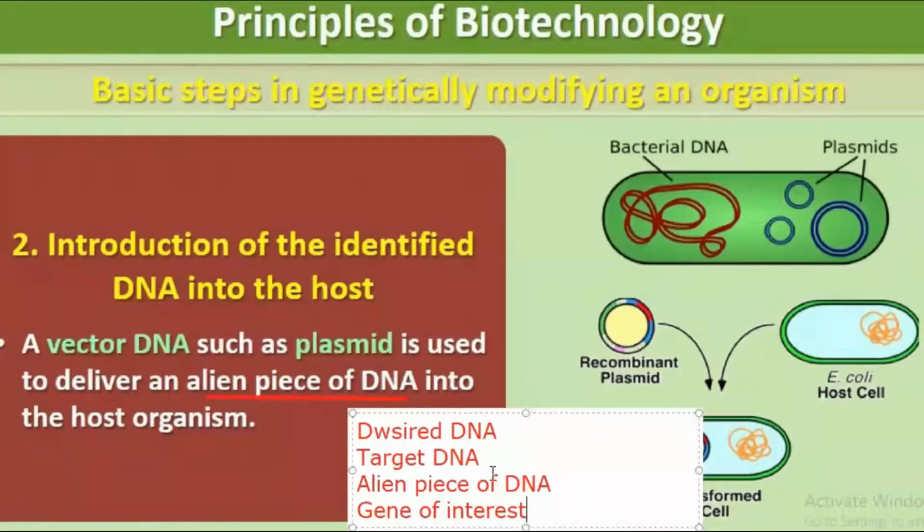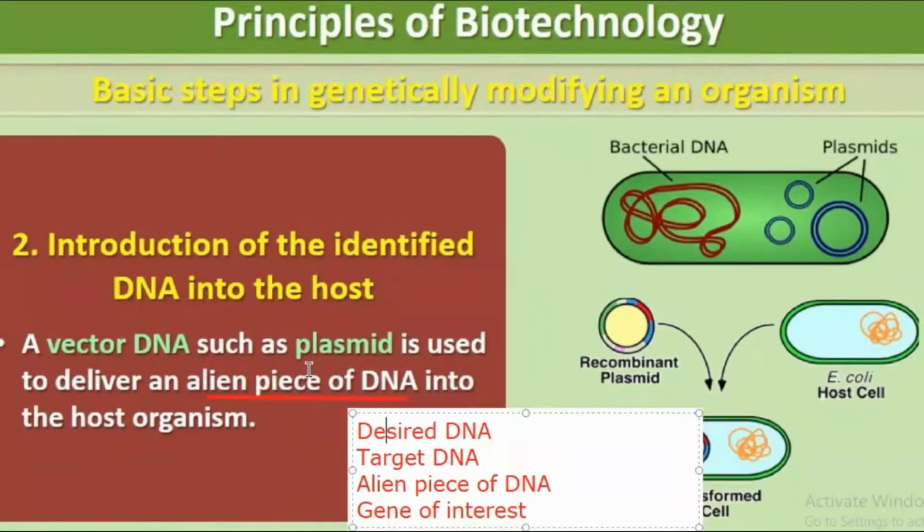So these are the various names we have used for the desired DNA. Here one spelling mistake, please correct it: desired DNA. Whatever gene we require in order to get a recombinant DNA, that is known as desired DNA.